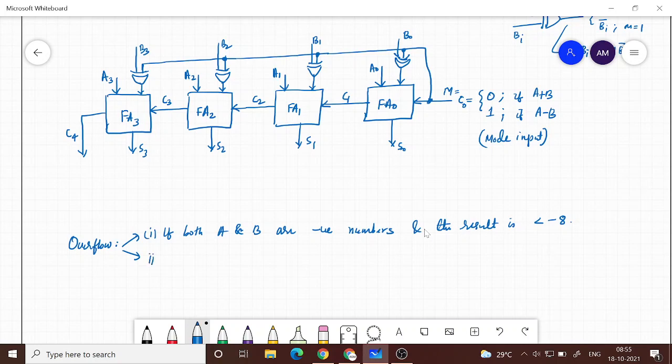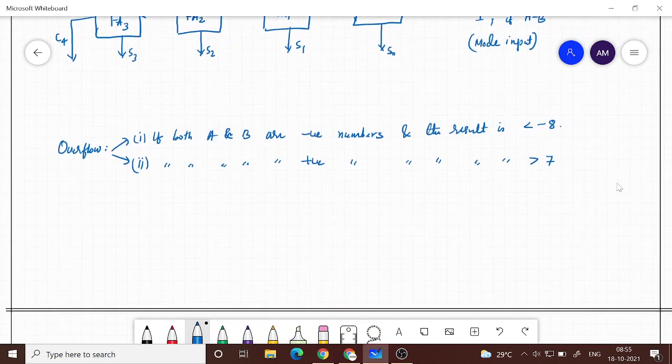Similarly, the second case in which overflow can happen is if both A and B are positive numbers and the result is greater than +7, because the range of numbers that can be represented in 2's complement form using 4 bits is from -8 to +7.